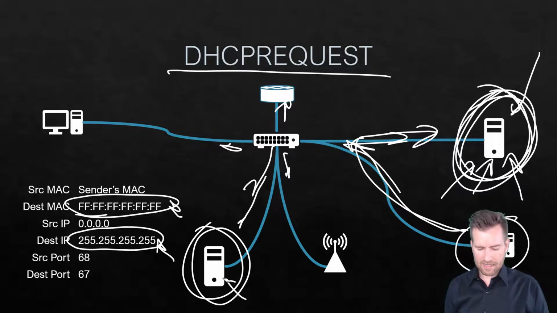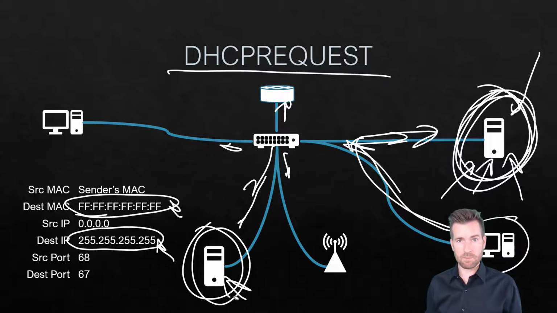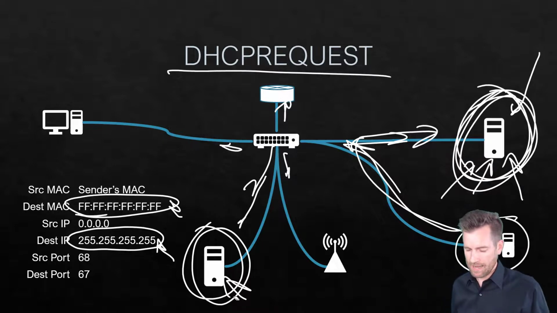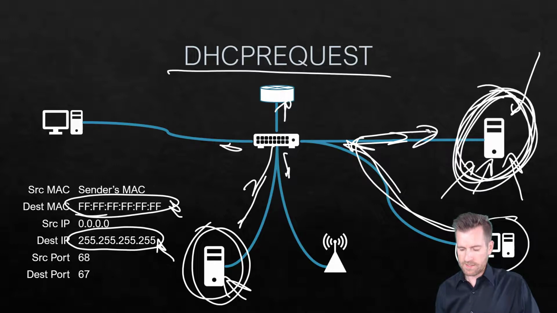So then it can put that back into its pool to be handed out to someone else. Versus this machine will then take the next step, which is to acknowledge that you accepted the IP address that it sent.